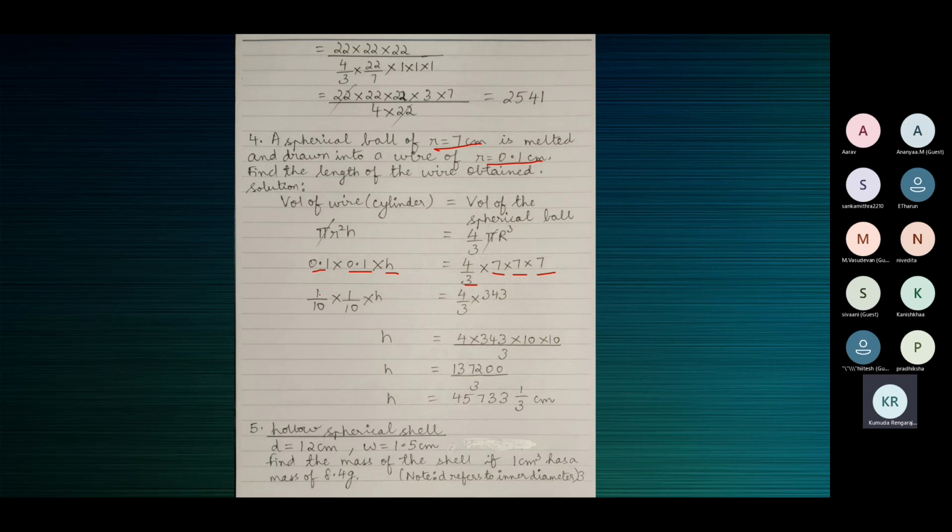Not necessary that you should write 1/10, but I didn't want the decimal number, so I wrote 0.1 as 1/10. 1/10 into h is equal to 4/3 into 343. Then you know what to do. Like this, we find h. H is nothing but the length of the wire. In the formula we have h because it is the height of the cylinder, which is nothing but the length of the wire. It's 45,733 1/3 centimeters.